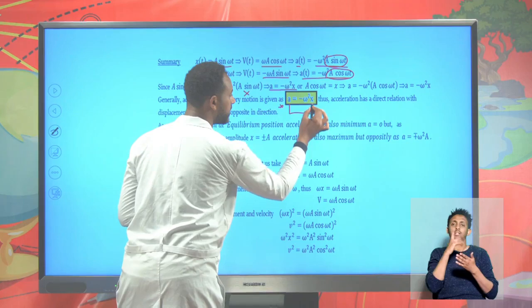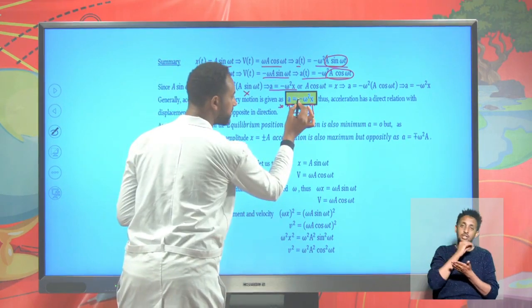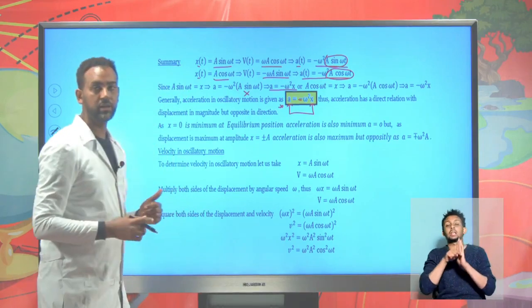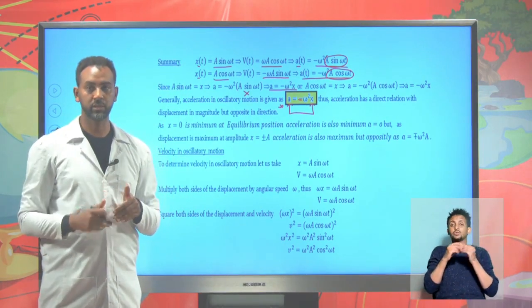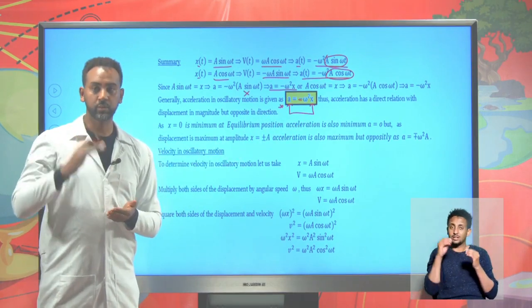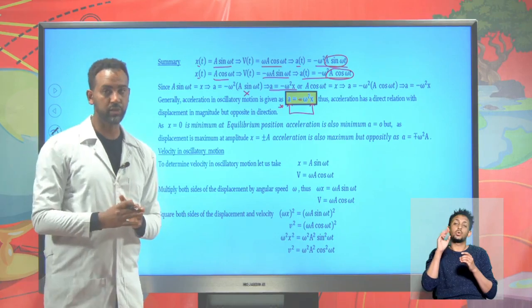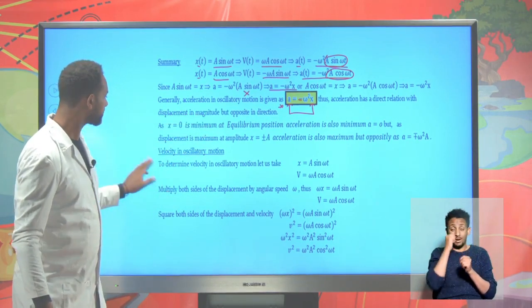What kind of relation? They do have a direct relation, but it says negative, meaning they have a direct proportionality in magnitude but are opposite in direction. Acceleration and displacement in oscillatory motion have a direct proportionality in magnitude but opposite in direction. Keep this in your mind.